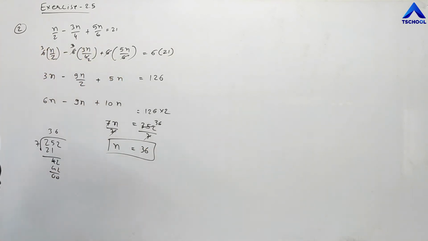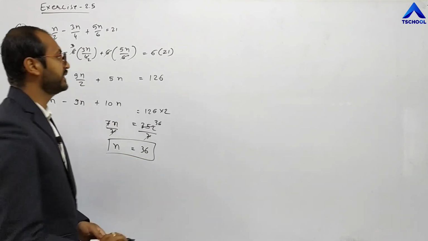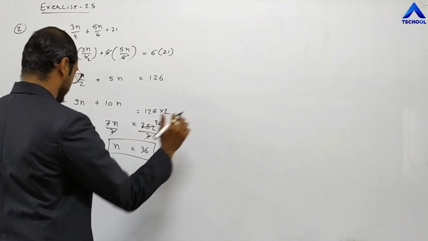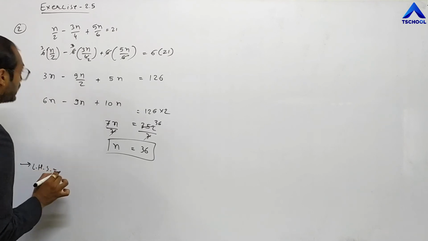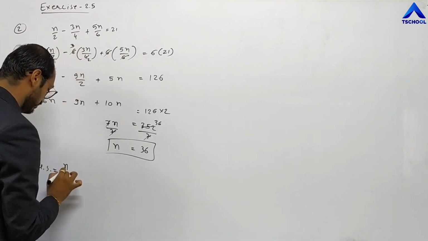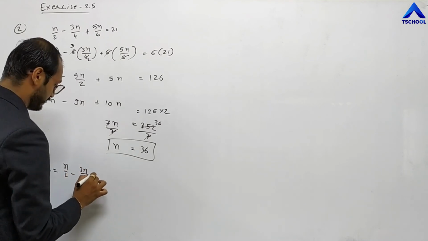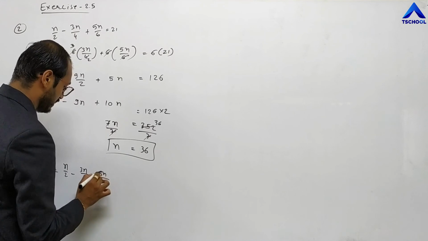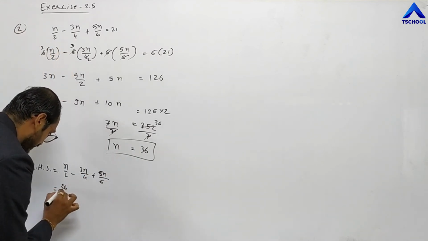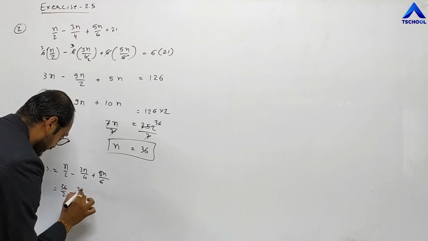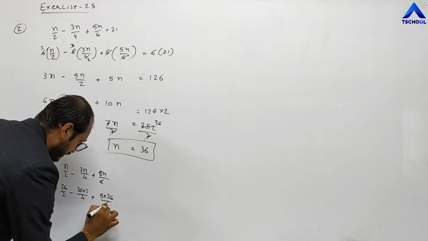Now we get the answer, and let me verify it by taking n equals 36 in the LHS as well as the RHS. The LHS is n by 2 minus 3n by 4 plus 5n by 6. Let me put the value of n as 36: 36 by 2 minus 36 multiplied by 3 by 4 plus 5 times 36 by 6.